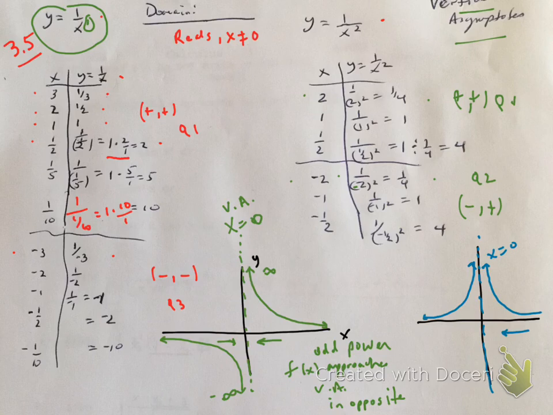So in this particular instance, because this is an even power right here, an even power for that number that's excluded from the domain means the function is going to approach the vertical asymptote in the same direction.